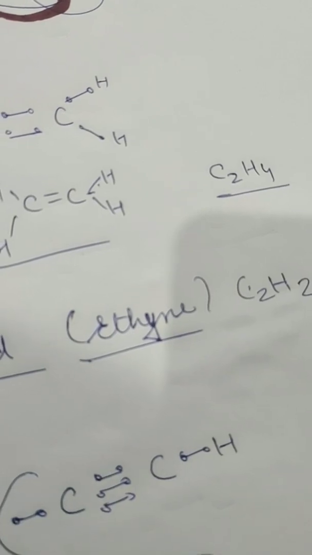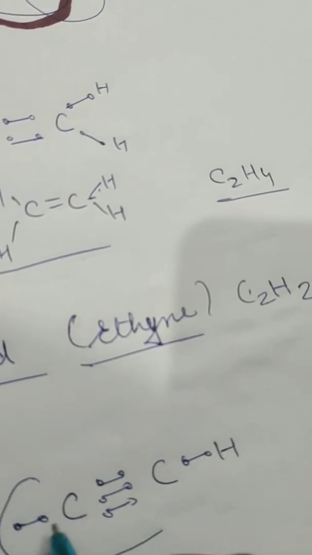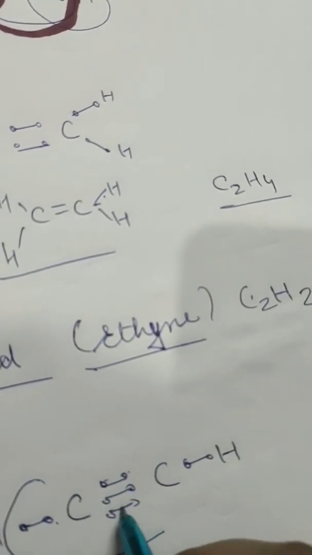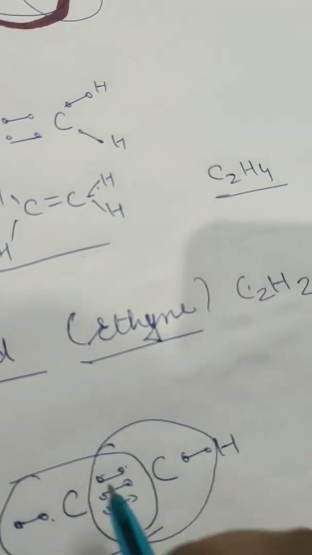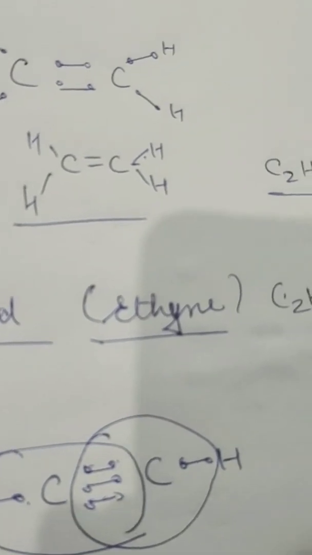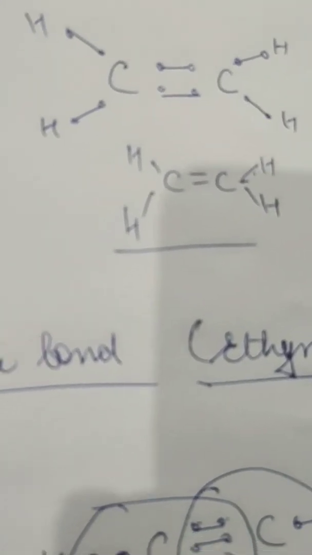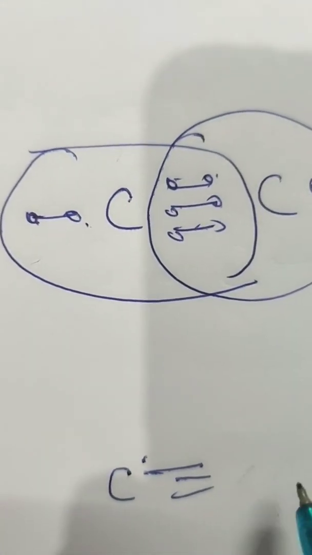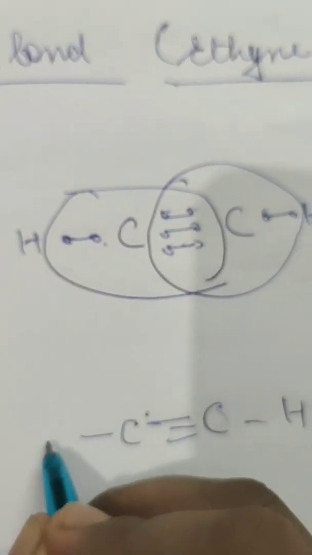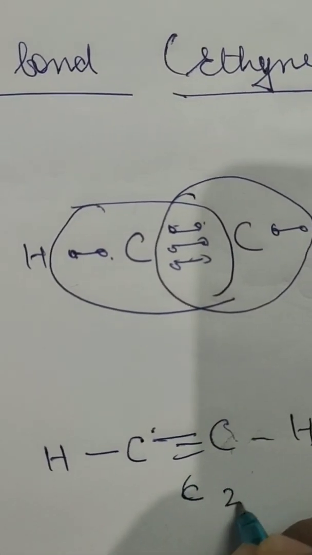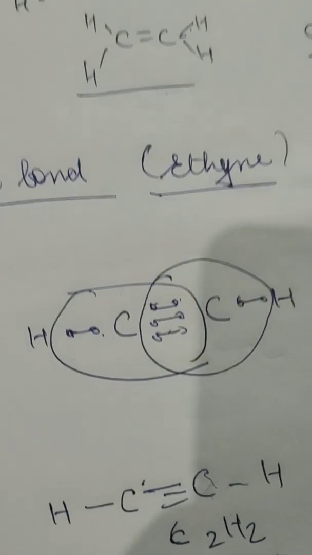So all the electrons will be shared like this 1 2 3 4 5 6 7 8. So it's complete, and this also will use like this. It's complete. So it will form a triple bond. That means C triple bond C and hydrogen. So it's C2H2.